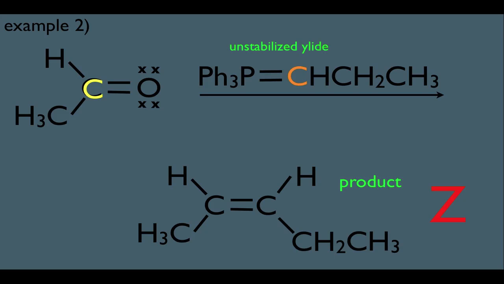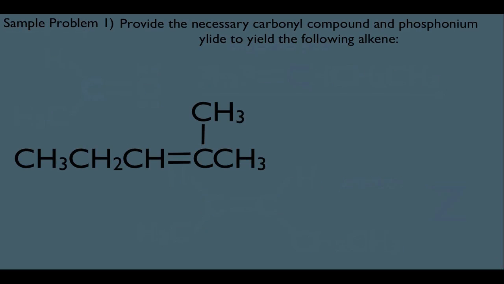However, let's look at a very popular test question concerning the Wittig reaction. Here it is, sample problem 1. Provide the necessary carbonyl compound and phosphonium or phosphoylide to yield the following alkene. So notice we're going backwards. They're giving us the alkene product, and we want to figure out the correct carbonyl and phosphoylide to make this molecule.